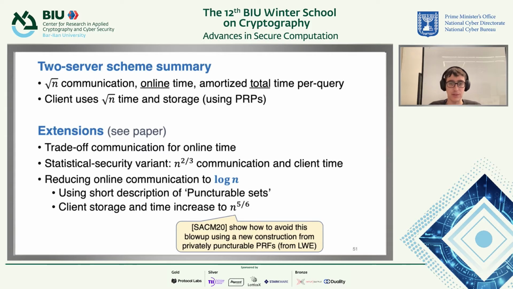So we get back to square root n client storage and time with logarithmic online communication, using a primitive called privately puncturable PRFs that you can construct from lattice assumptions. So this is concretely not super efficient yet, but this is a very interesting direction to try to get all the parameters of the scheme as tight as they can be.